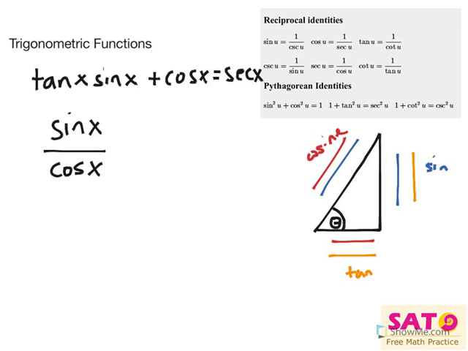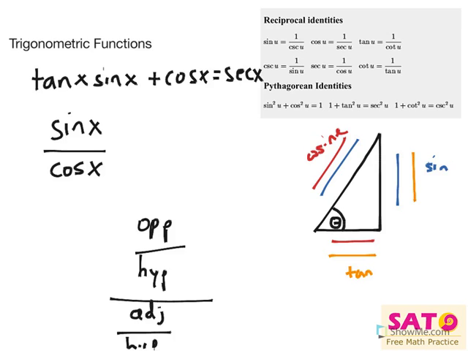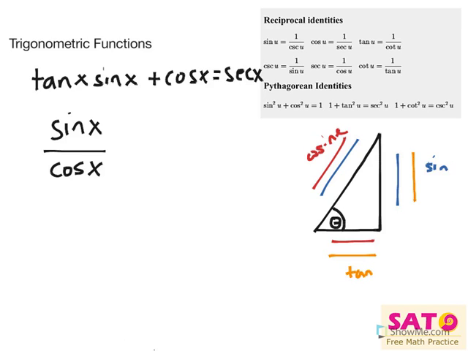It's because if we take sine, which is opposite over hypotenuse, over cosine, which is adjacent over hypotenuse, by multiplying that, we actually get opposite over adjacent, which is tangent. And that's kind of how we know it works out at the end.